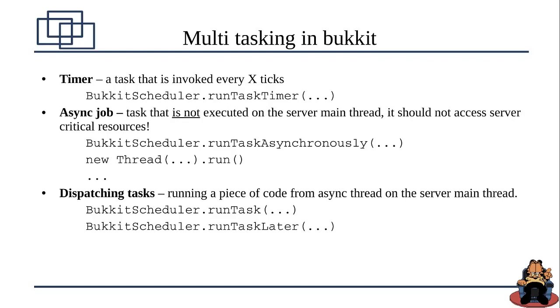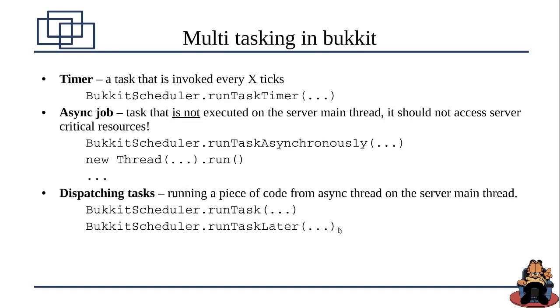Okay, next, dispatching tasks. As I told you, one more thing about the async jobs. When you are running this async task, you do not need to worry about lagging the server because again, it's not on the main thread, so you should not experience TPS drop. Okay, let's move on.